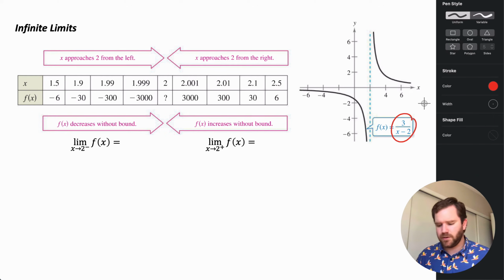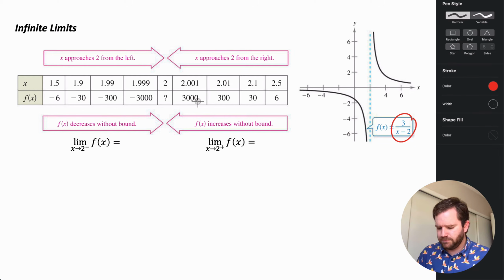So if I pick a number to the right of 2, like 2.5, and I plug it in, I'm going to end up with 6. And as I get closer and closer and closer to 2, what's happening to my y values? So at 2.1, I have 30. At 2.01, I have 300. If I'm 1,000th away from 2, I get 3,000.